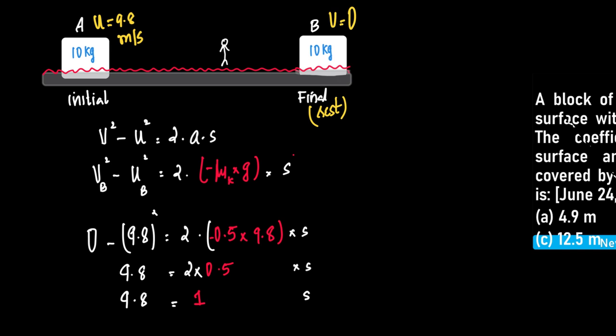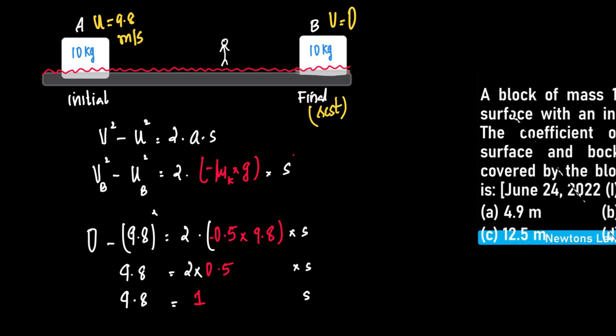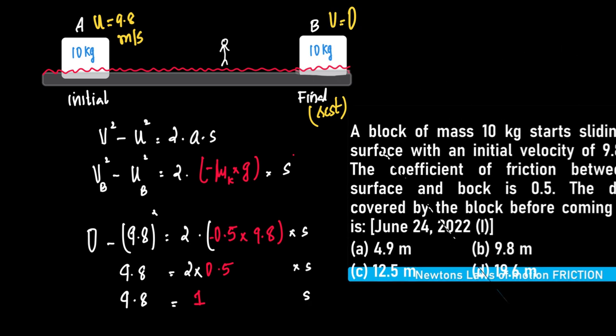We derived it to be minus mu k into g, into s, that is unknown. Vb is 0. Ua is 9.8. So we have minus 9.8 square is equal to 2 into minus 0.5 into 9.8 into s. Negative by negative is 1. So 0.5 into 2 is 1. So 9.8 square by 9.8 is 9.8. Therefore, the displacement is 9.8 meters.